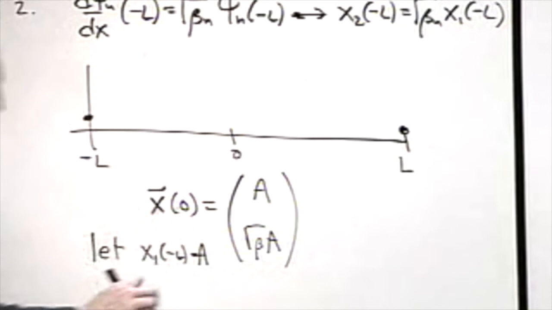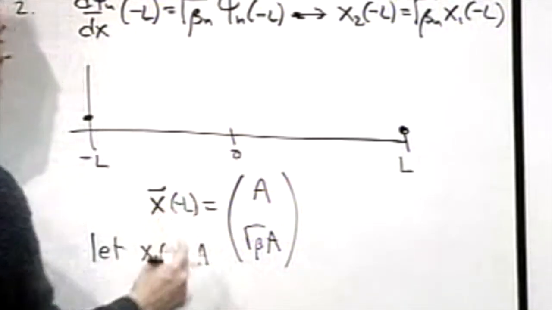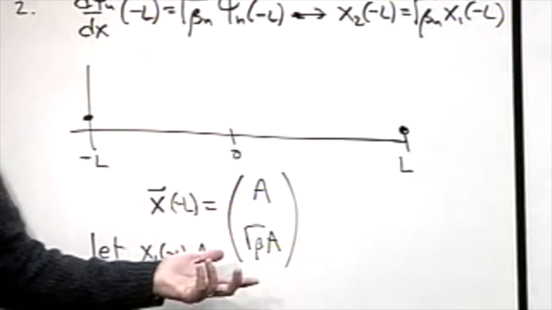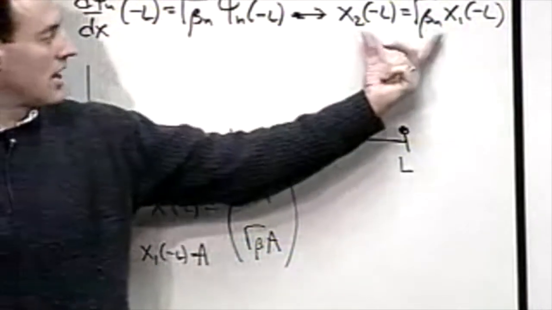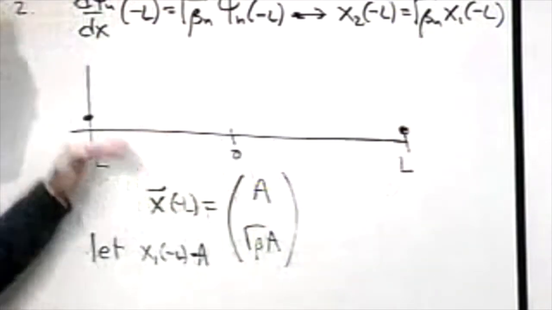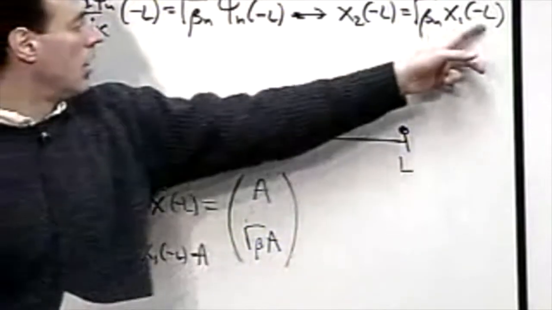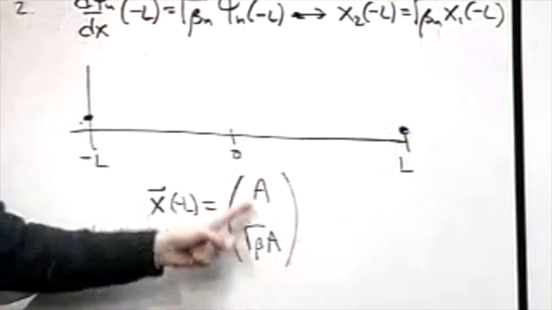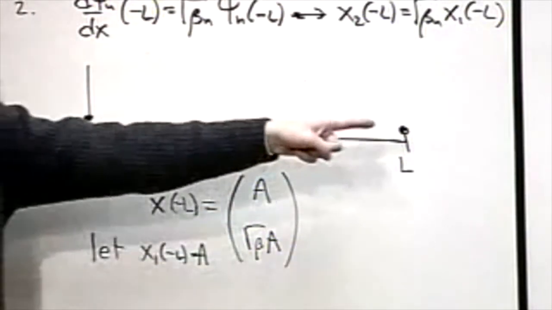So my launch at negative L is something like this, where I can pick A to be whatever. I can pick A to be 1, 2, 10, doesn't matter. All I have to do is satisfy this. So if I give you a value of x1, in other words, the actual launch height, my x2 is just that launch height times square root beta n. That's it. That's your initial condition for that problem.